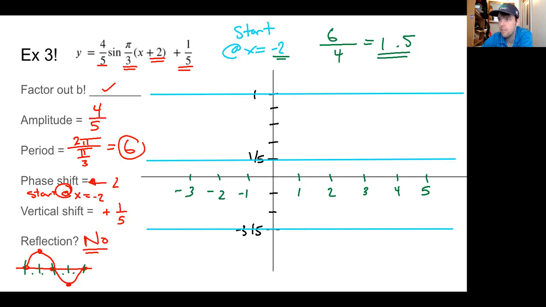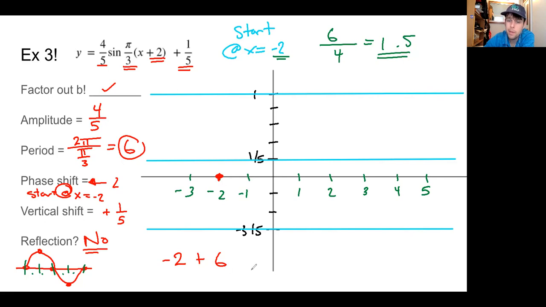I probably should have done this first. So we know we're starting at -2, so I didn't need to go any farther than this place as our starting value. And that's step 3. Identify where we're starting. Let's make that a point. So we're starting right there. And then step 4 is where are we ending? From our starting value, we end a full period away.